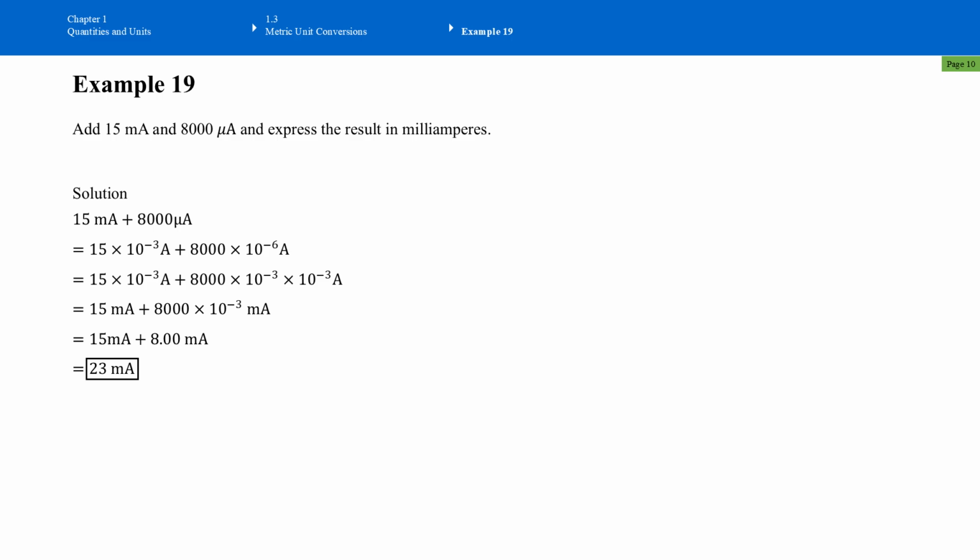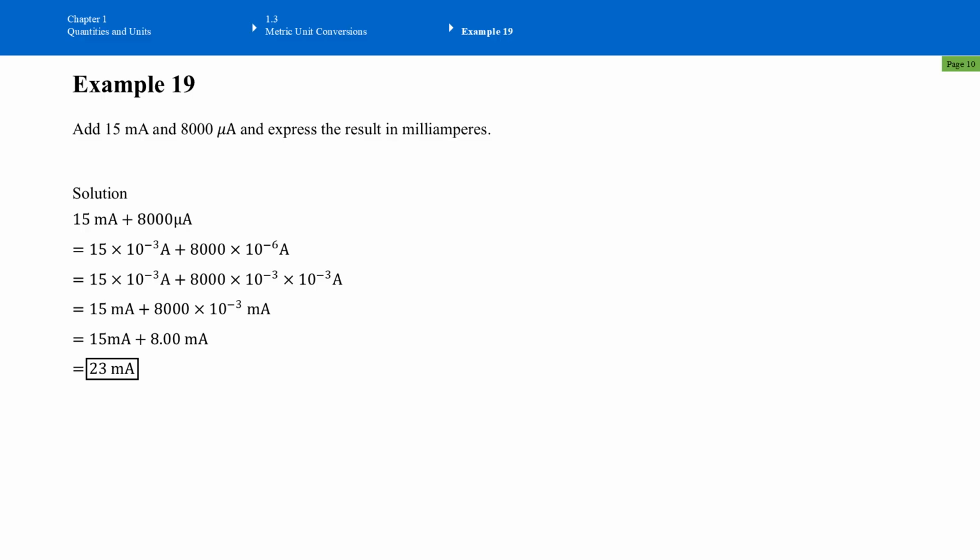So the next expression is 15 times 10 to the minus 3 amps plus 8,000 times 10 to the minus 3 times another 10 to the minus 3 amps. So in the next expression, we have 15 milliamps plus the last term, where that 10 to the minus 3 amps becomes milliamps.